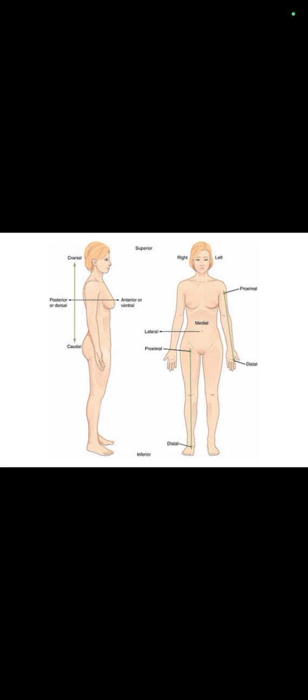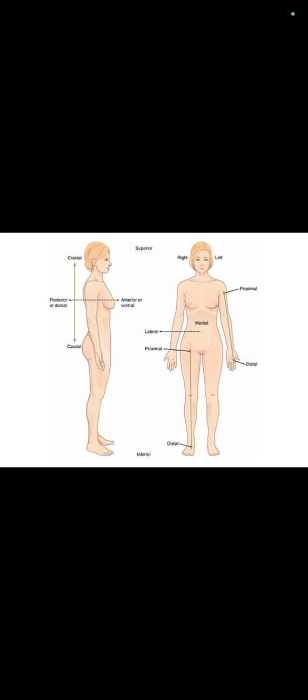The cranial is the superior, towards the upper end of the body, and then inferior towards the lower end. And then the other arrow that is lying horizontal shows that anterior or ventral is towards the front of the body, posterior or dorsal is towards the back of the body.